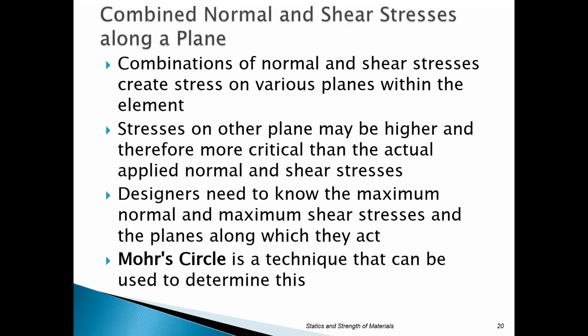We've talked about this before, like concrete beams that are in pure compression or tension axially can actually develop diagonal forces that can be worse because they will tend to rip that concrete apart. You can get stress fractures that occur in diagonal directions, particularly in concrete. So designers typically need to know the maximum normal and maximum shear stresses and also the planes they act along.